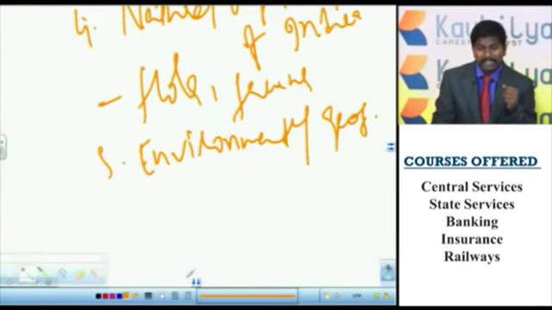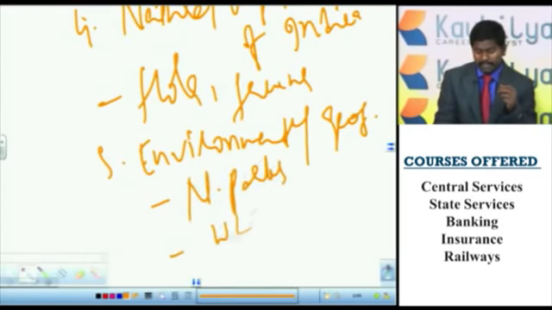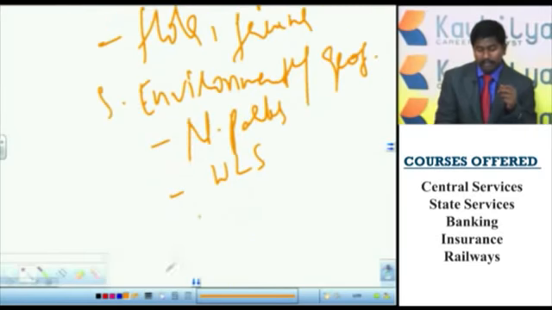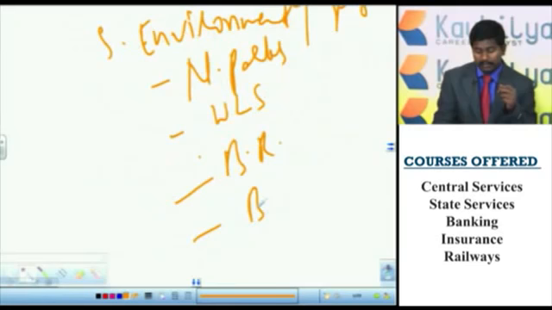So here the conservation methods of this flora and fauna by the government of India as well as the state governments. There we will discuss national parks, wildlife sanctuaries, biosphere reserves, bird sanctuaries and tiger reserves.